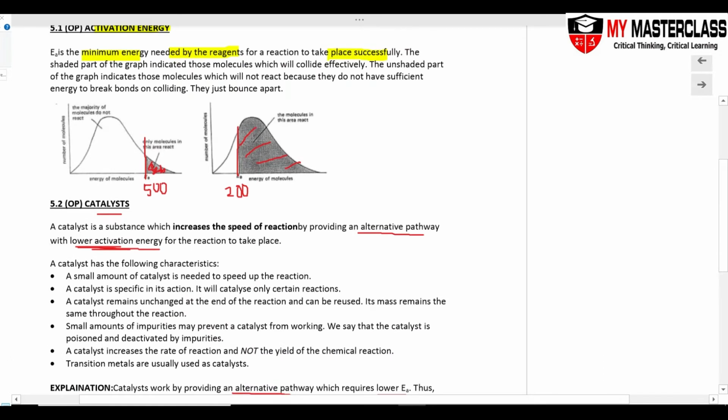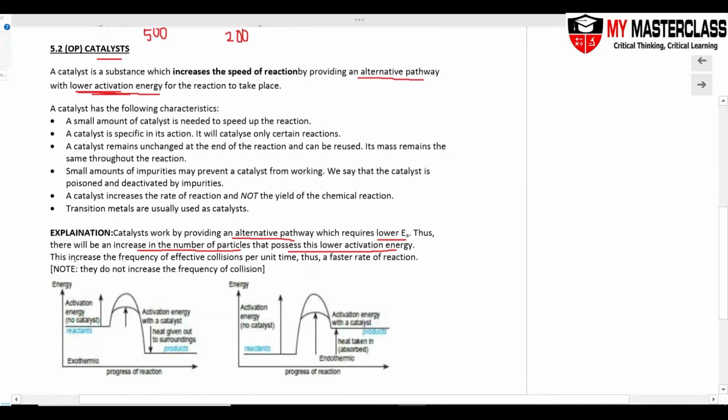This red part, there's more of this red part than the first one with the higher EA. This increases the frequency of effective collisions. Please note that it doesn't increase the frequency of collisions, just the effective ones. And it will lead to a faster rate of reaction.